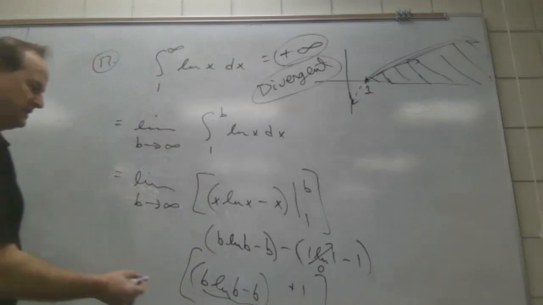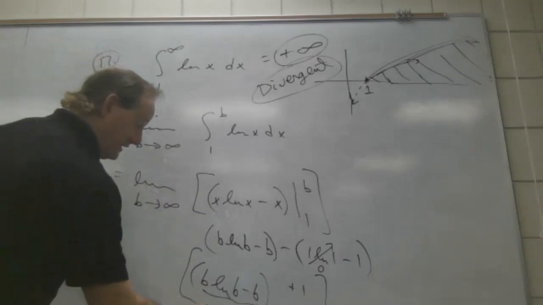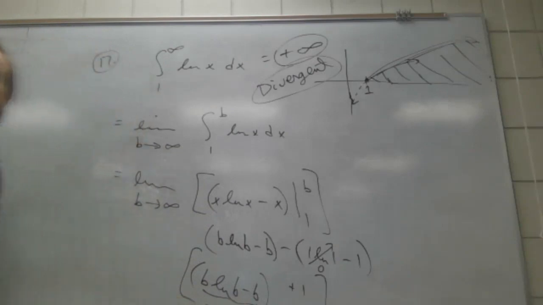It's infinity minus infinity. Do we know what that is? That's an indeterminate form, correct? Okay, so what could I do? Could I factor a B out and get natural log of B minus 1? I could.